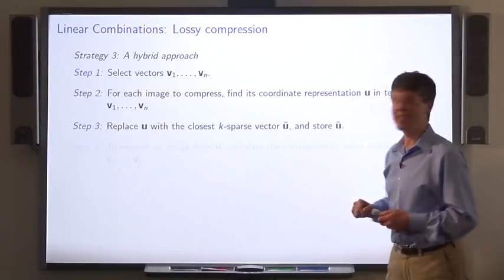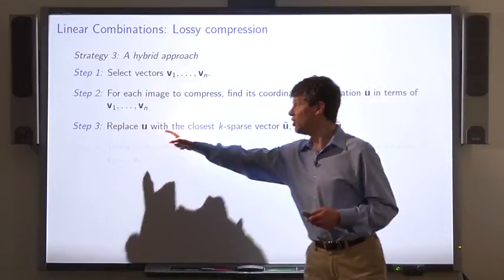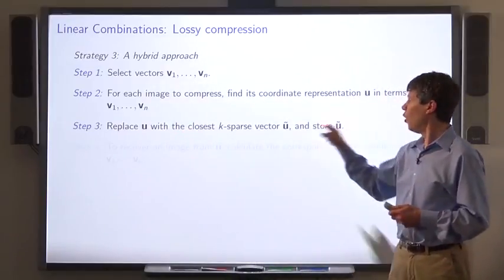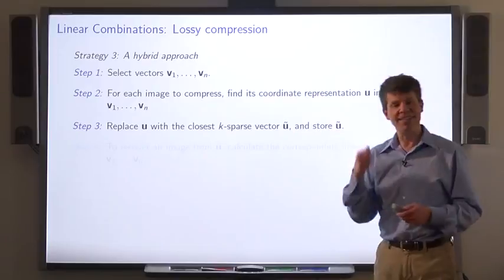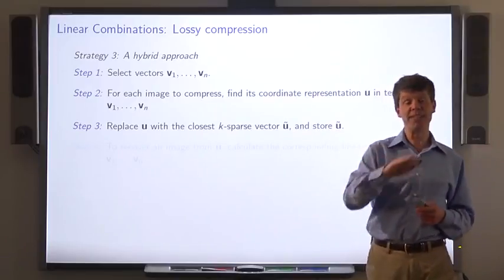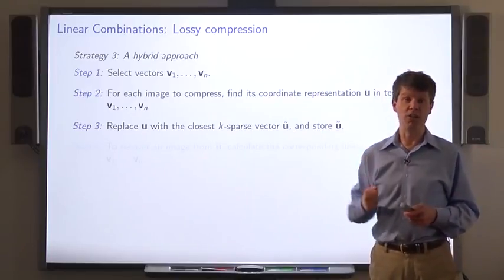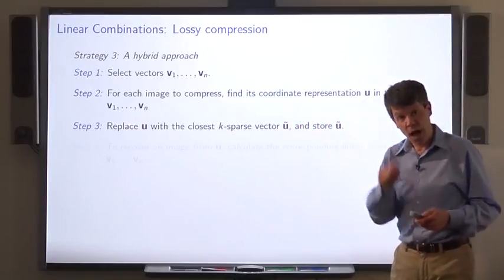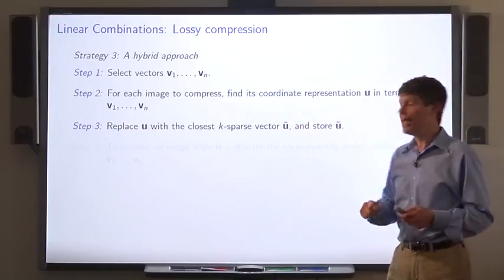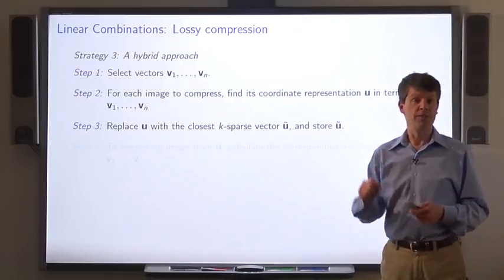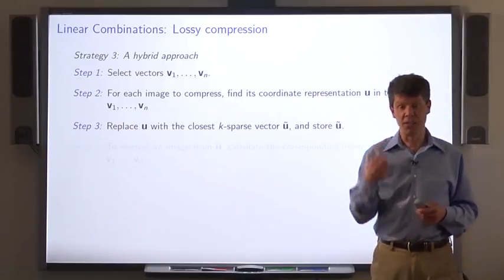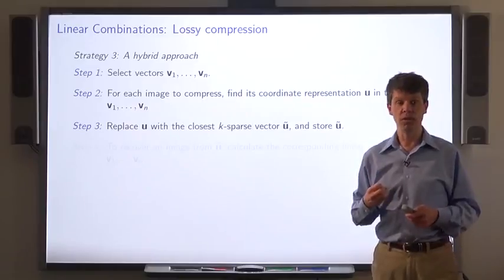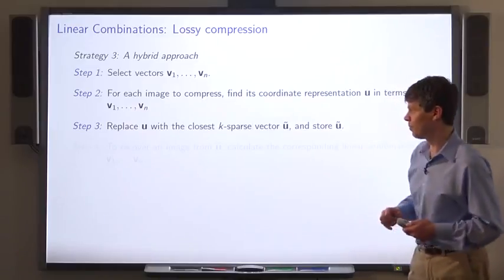Now, we replace that coordinate representation with another vector that's k-sparse. Again, we suppress all but the k largest entries. We'll call that u tilde. And the compact representation is the vector u tilde. It's compact because it's sparse, so we only need to store the non-zero entries.